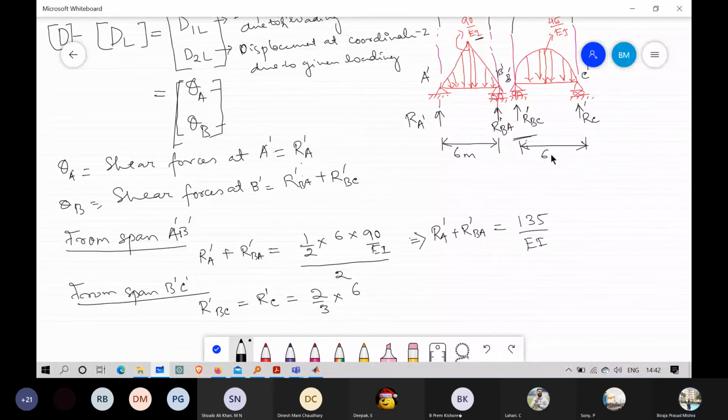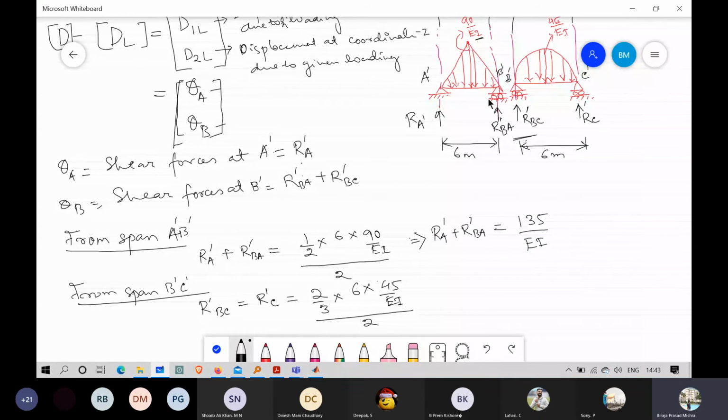Six into 45 by EI, divided by 2. Either you use this formula directly, or you can find it by considering these two members separately.